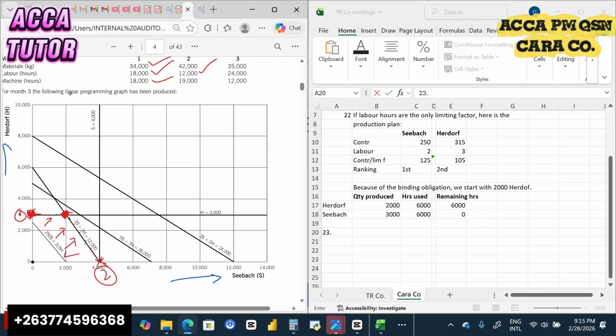If we look at all the points of the feasible region, we can see that point 3 is where we are likely to have the highest contribution possible. Is that clear, madam?